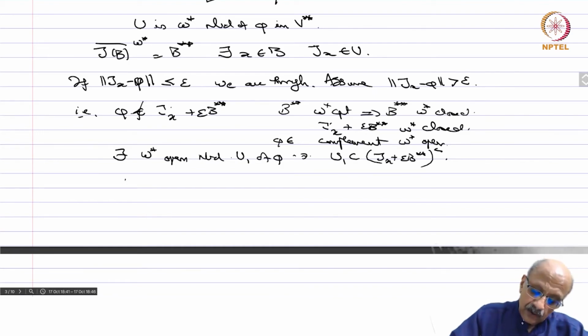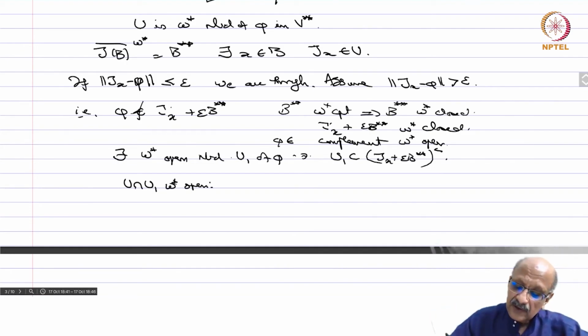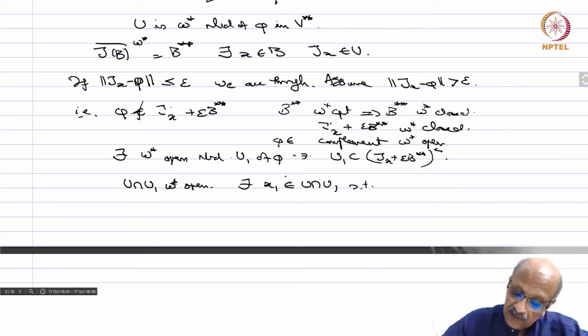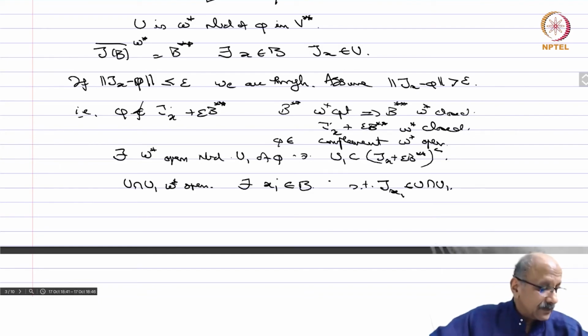Then again, u intersection u1 is weak star open, and so by the weak star density of JB in B double star, there exists x1 in B such that Jx1 belongs to u intersection u1. Okay. So what do you mean by this?